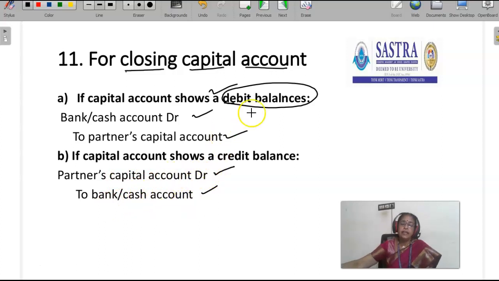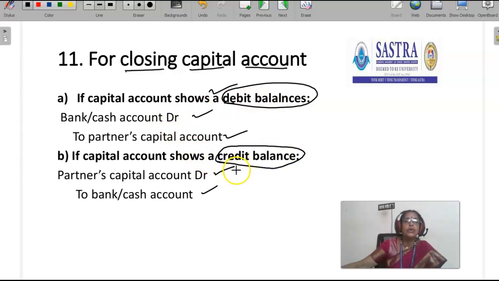Okay. If the partner's capital account has a debit balance, he should bring the cash. And if credit balance is shown, then his capital account should be debited and he has to be paid cash. Okay.